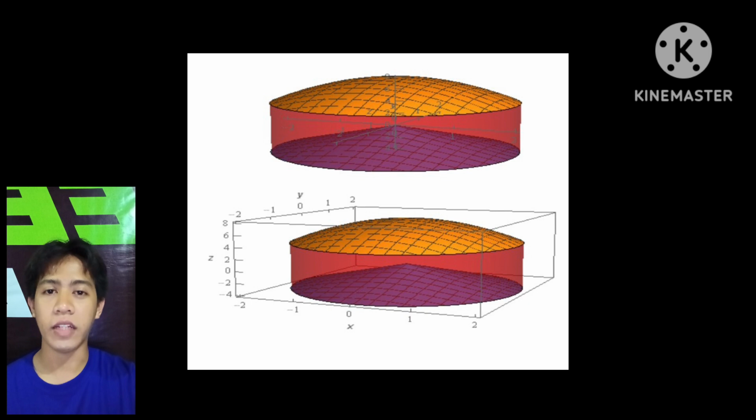The bottom of the region is the portion of the graph of the cone z = -√(4x² + 4y²) that is inside the cylinder x² + y² = 4. The walls of the region, which are translucent to show the bottom portion, are the cylinder x² + y² = 4.